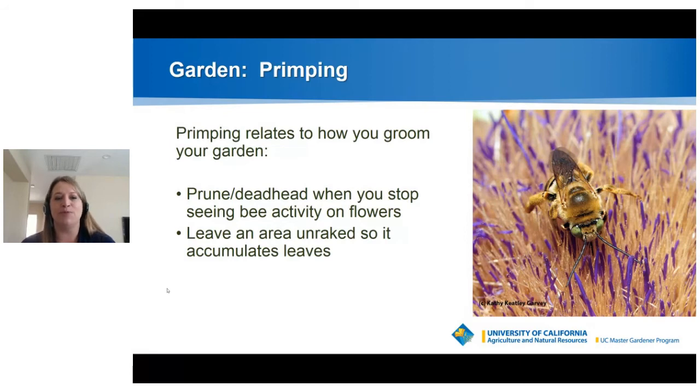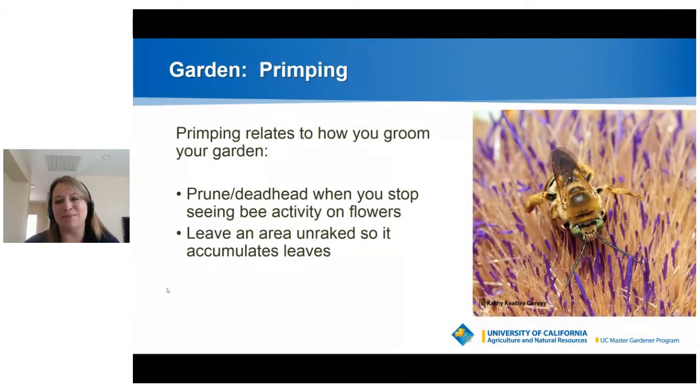Now, in terms of grooming, you also are going to want to be cognizant of the different shelter spaces that you're providing for bees. There are a number of ways that you can provide shelter. One way is to leave an unraked area in your landscape where maybe you can accumulate some leaves. There are some bees that will dwell in a dried rolled up leaf.